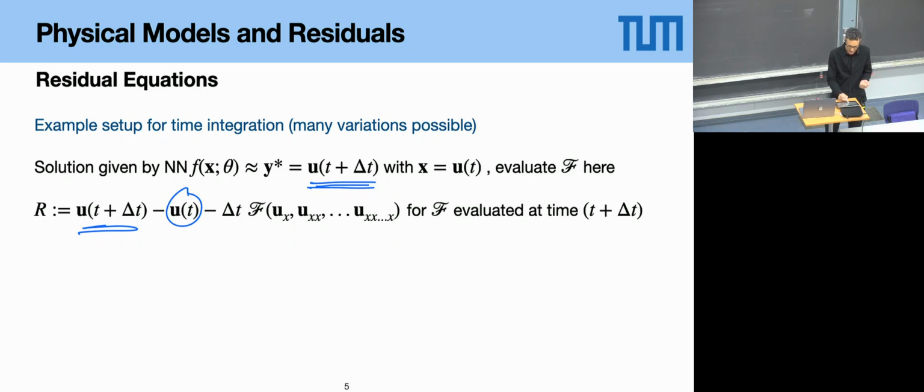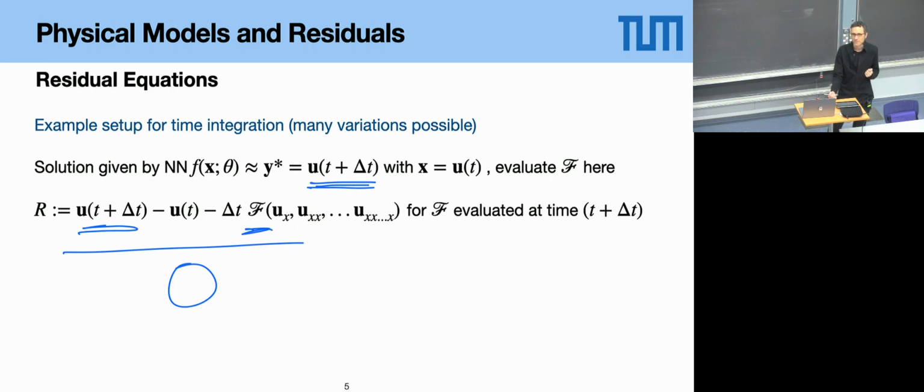And now we have this f that computes all these derivatives, and all these together, that was the time step for an Euler step. So if we subtract this from the next time step and the original one, then we should have 0. Or vice versa: these two together should be equal to the next time step. And that's a residual equation. So we know that if our solution is correct under this physical model, this should be 0. Does it make sense for everyone?